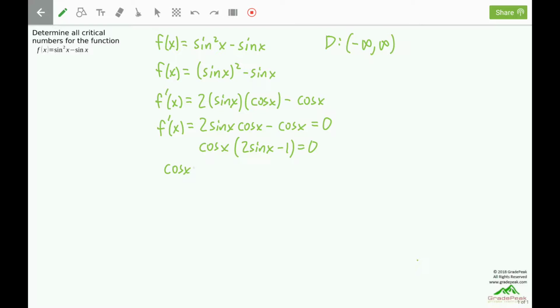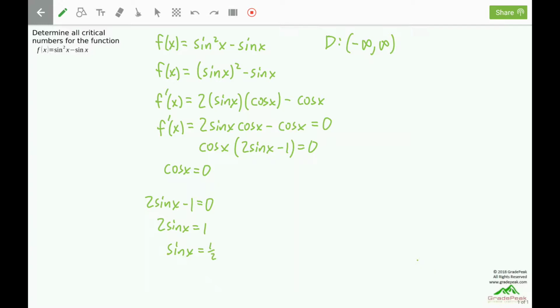So cosine of x equals 0. And 2 sine of x minus 1 equals 0, which can be simplified by adding 1 to both sides and then dividing both sides by 2. So the sine of x equals 1/2.